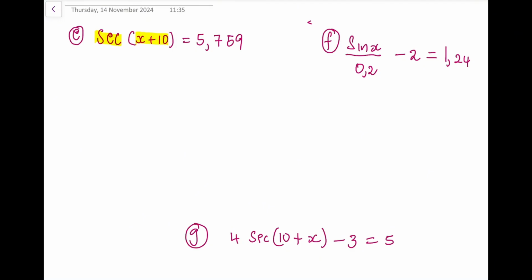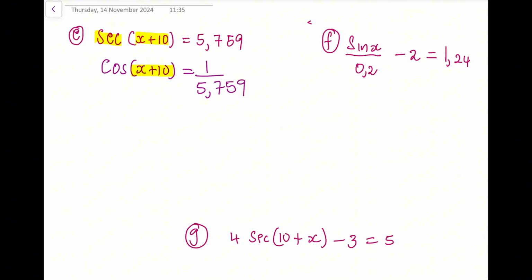So this is the same as cos of x plus 10 is equal to, since it is the reciprocal, we'll just write it as 1 over 5,759. And then from here, we can find this angle, which is x plus 10.